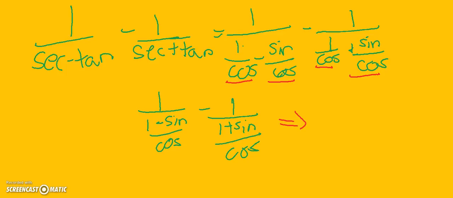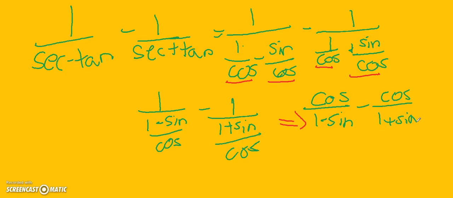When it's just 1 in the numerator, we're just taking the reciprocal. So this should be really easy. We can just do cosine over 1 minus sine, minus cosine over 1 plus sine.